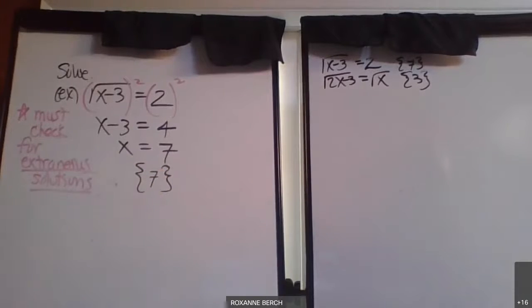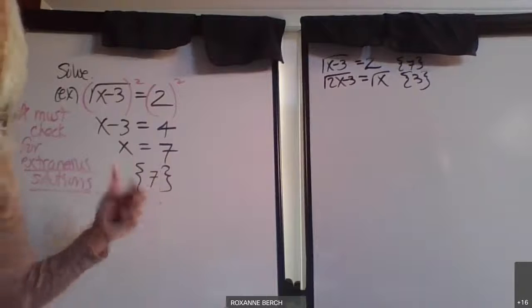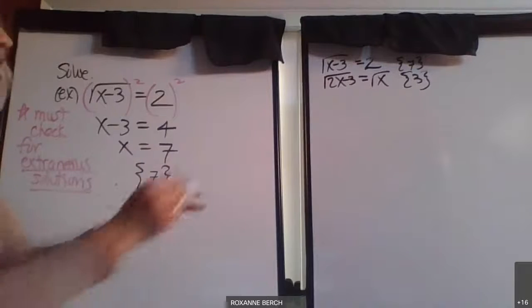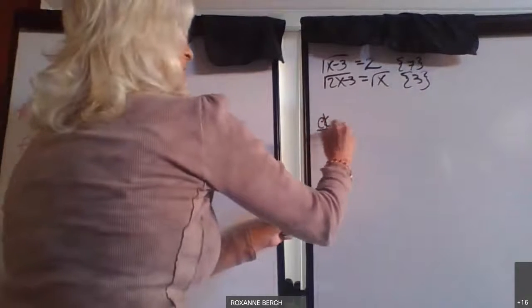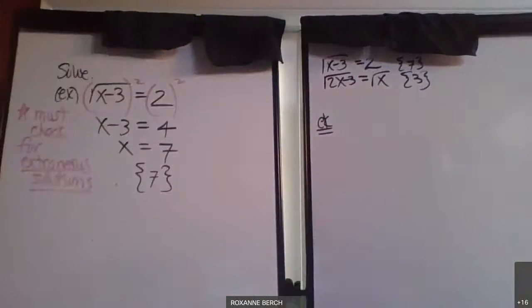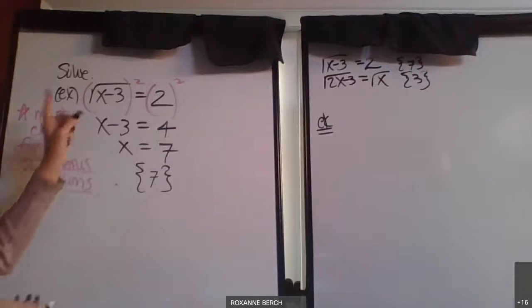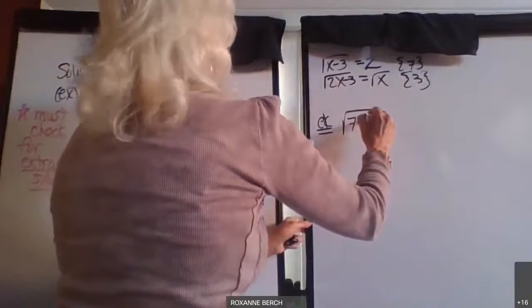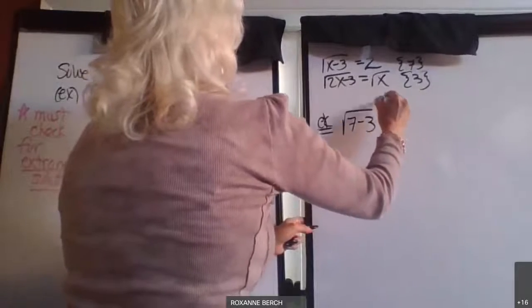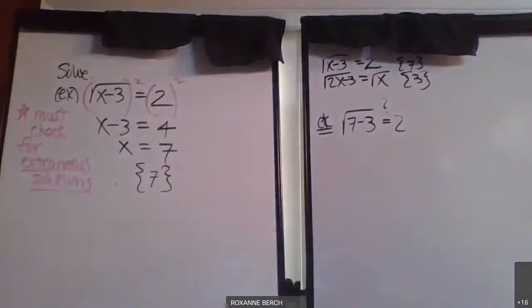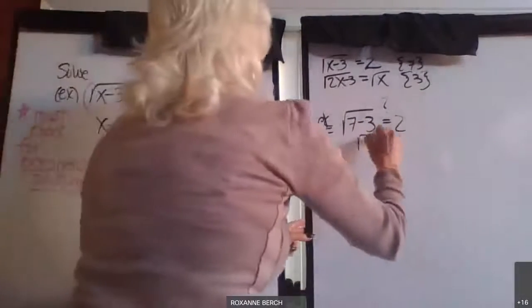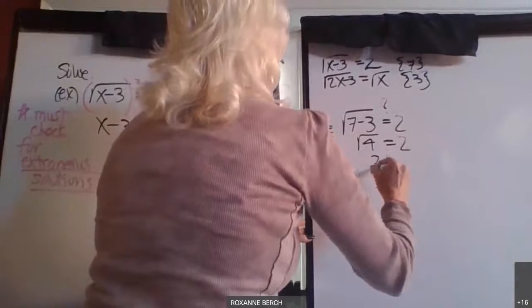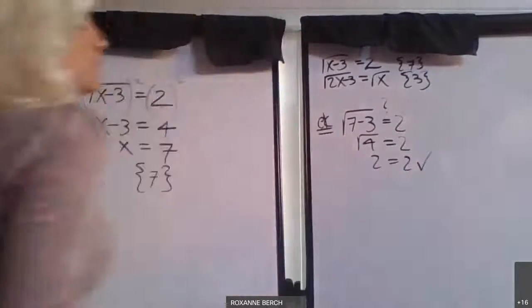Now, there could possibly be no solutions. Now, we do know the answer is 7. So we know that this check's going to work. If you want to check it by hand, you would put the 7 in. So you get the square root of 7 minus 3. Is that equal to 2, the original problem? Is the square root of 4 equal to 2? Is 2 equal to 2?